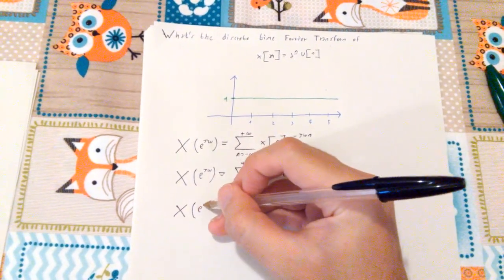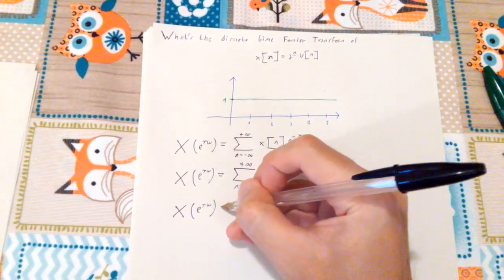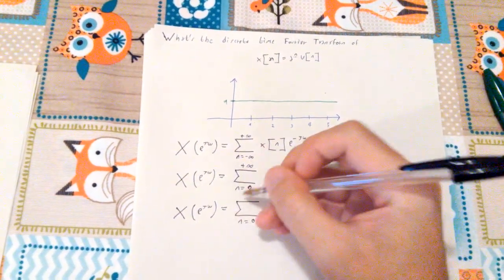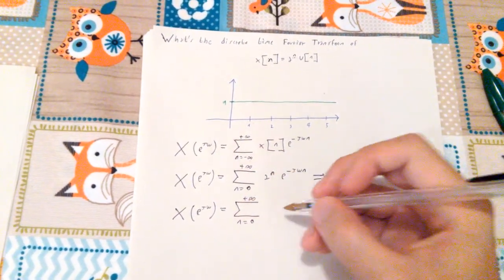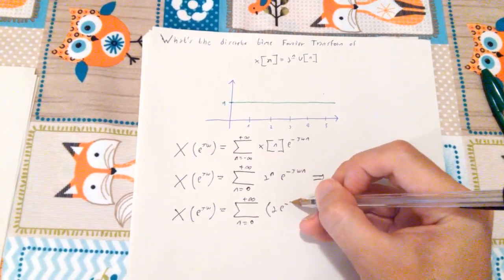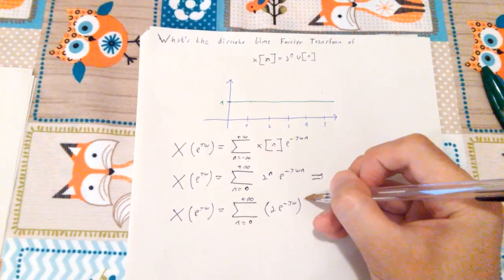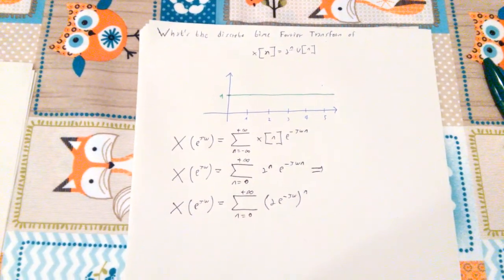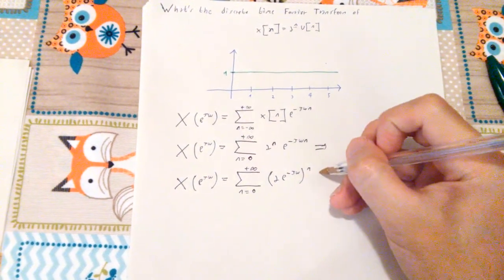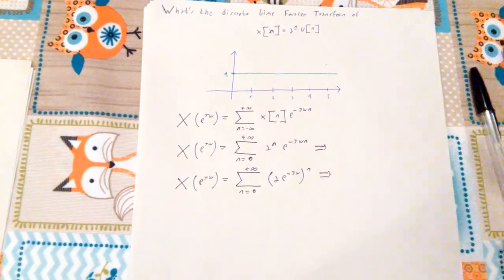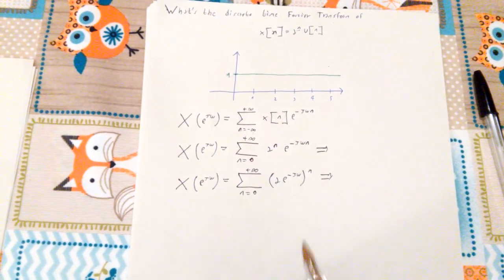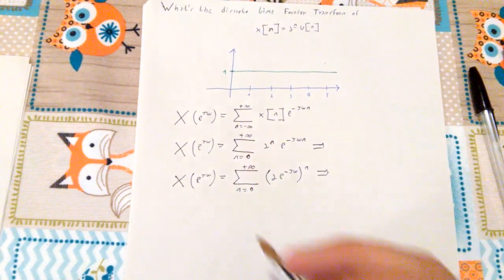So the property of the exponents gives us the sum from 0 to positive infinity of a e to the negative j omega, all raised to the n. Now what do we do from here? Well, we can call this whole thing p. Why do we do that? I'm going to be crystal clear in a few seconds.